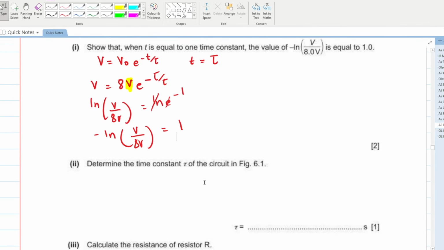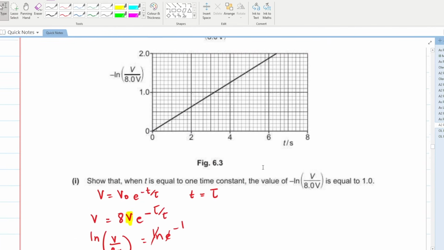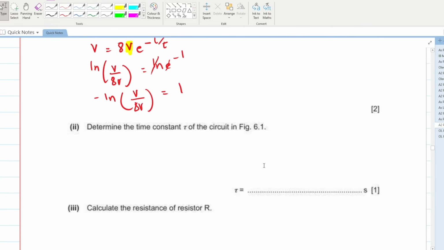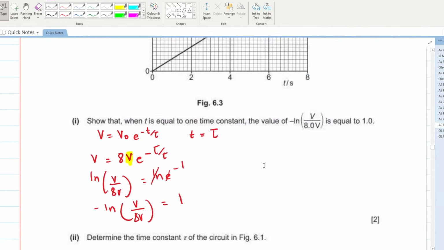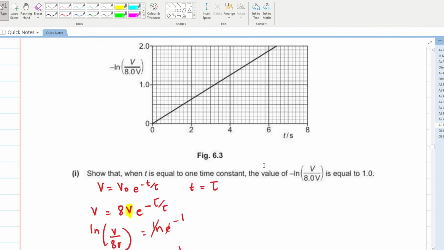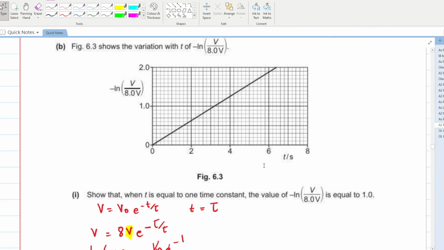Determine the time constant tau of the circuit in figure 6.1. We have to determine the time constant of the circuit in figure 6.1. So let's do that. Figure 6.1, this is the figure, and here we have the values given. Now what I can do is, I know when this value is equal to 1, my time will be equal to the time constant.